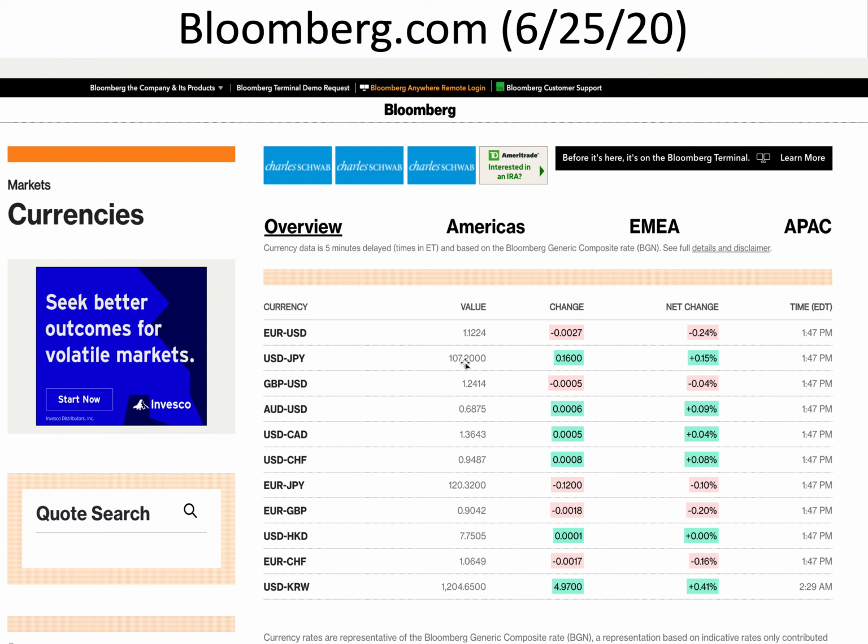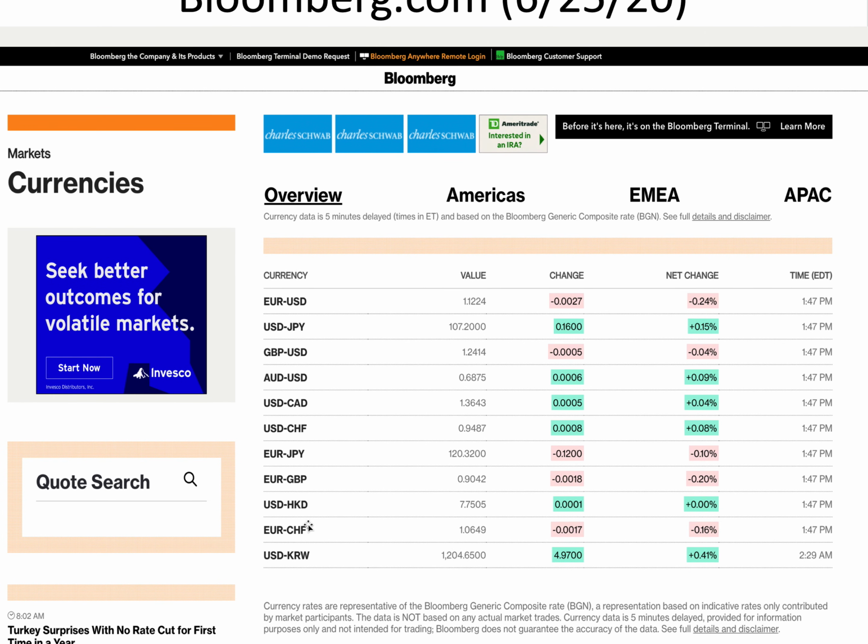We know the Japanese yen number can be big, always more than 100. That is indirect quote. British pound, direct quote. USD versus Canadian, 1.36. Now that is indirect quote in terms of Canadian dollars, right? USD versus CHF. What is CHF? Okay, Swiss franc.